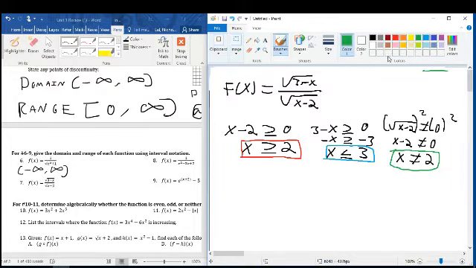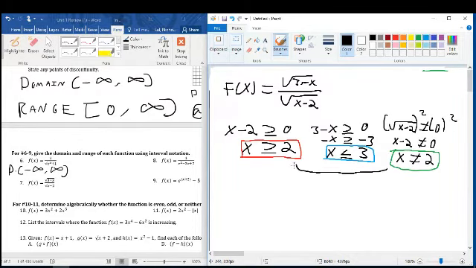And from this, we have to choose our most restrictive domain. We choose the most restrictive domain for the function, and so here x cannot be equal to 2.